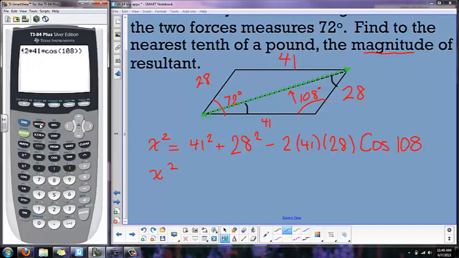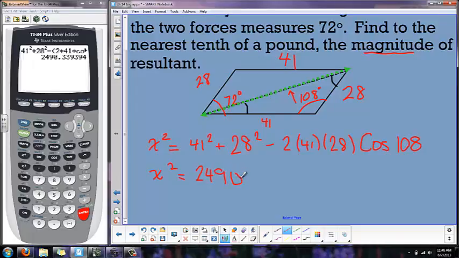Let me just make sure that I'm in degrees, and I am. So then I can hit enter. X squared is equal to 2,490.339.